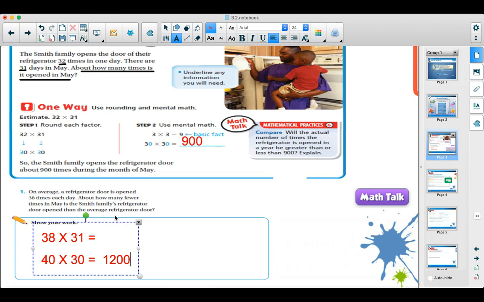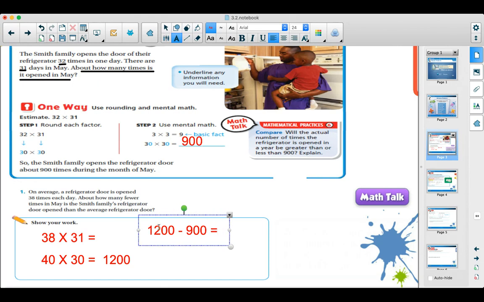The question they're asking is about how many fewer times in May is the Smith family refrigerator door opened. So, how many fewer times? We will take the average number of times minus how many times the Smiths open the door, which is 900.